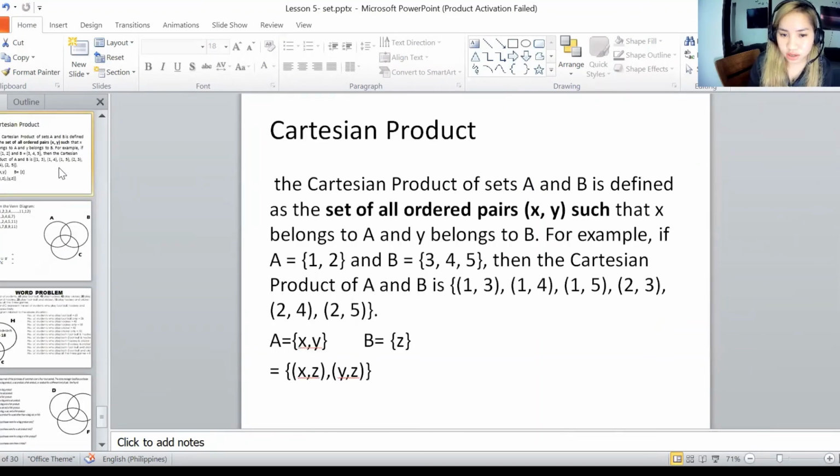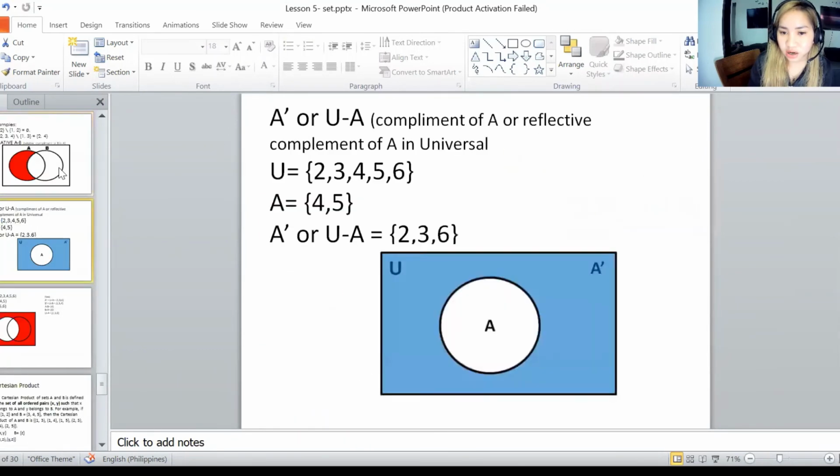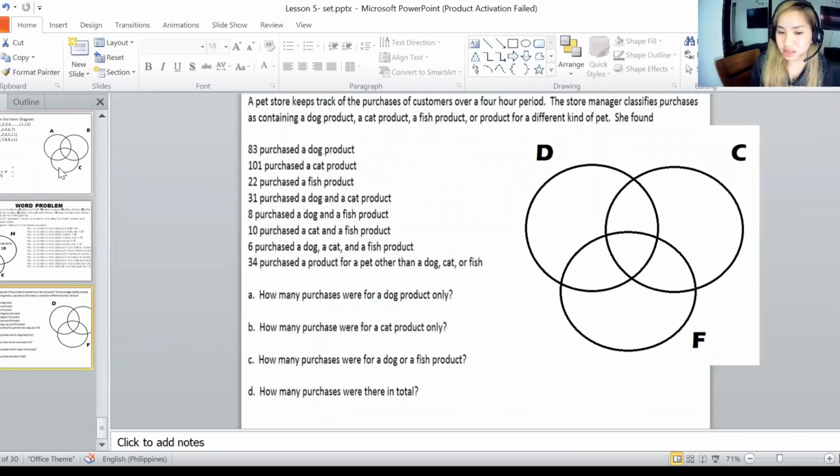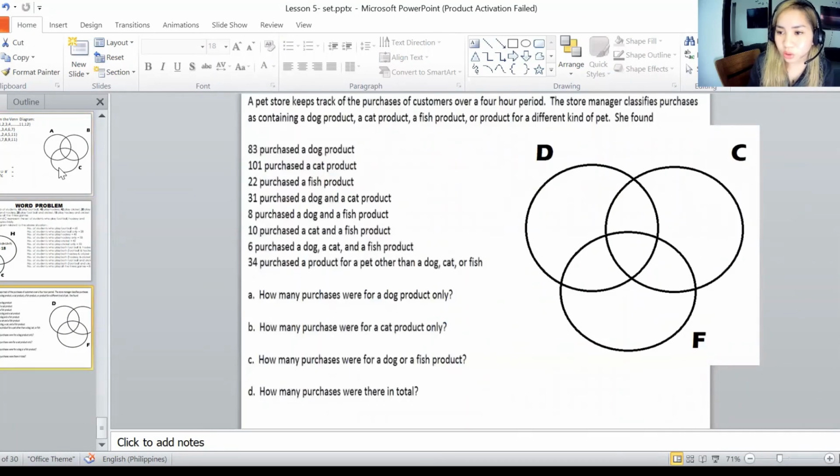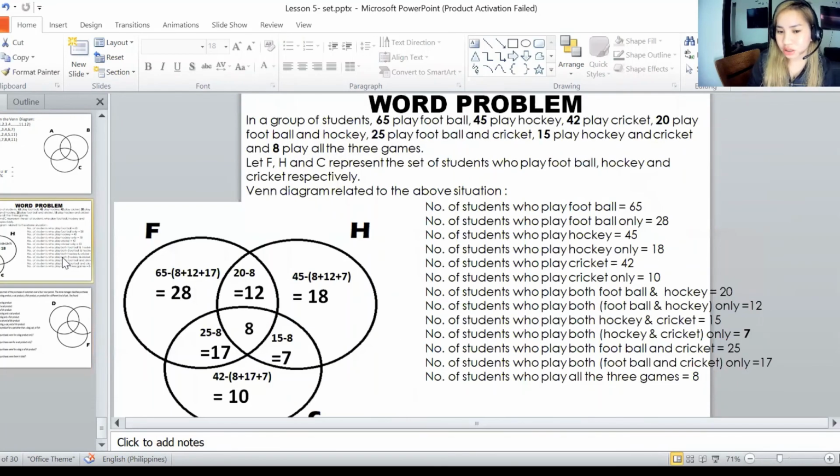So, ayan, we're done na po sa sets and sa Venn diagram. Again, paki-screenshot po ito and pakilagay dun sa folder na ilalagay ko sa Google Classroom and itong computation. Tapos po mag-a-add pa po ako ng isang computation po. So, paki-turn in on time para wala kayong minus.